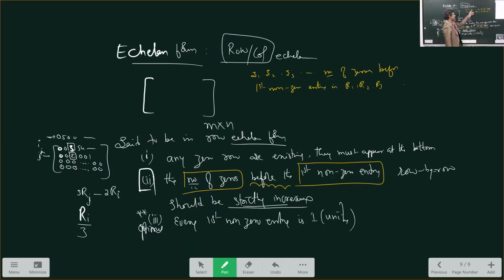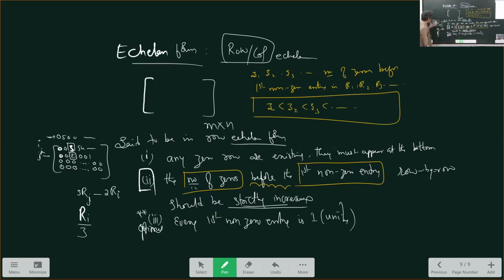So Z1, Z2, Z3 stand for the number of zeros in the first row, second row, third row, like that. Then we must have that Z1 is less than Z2, less than Z3, and so on and so forth.